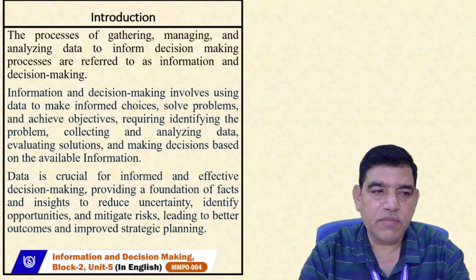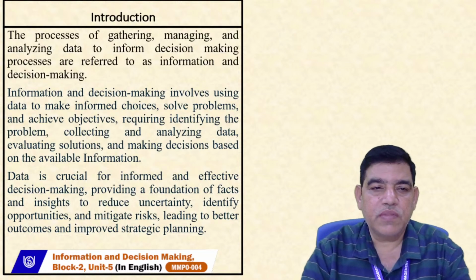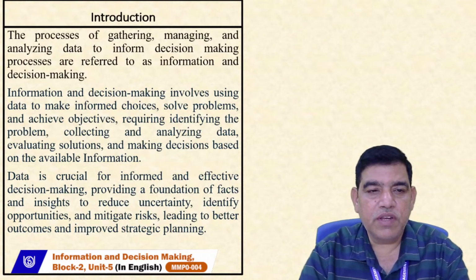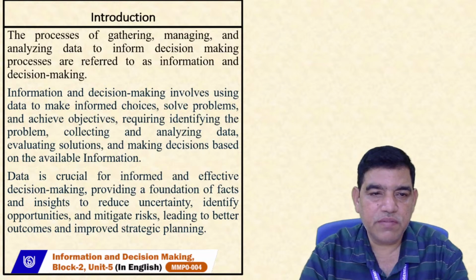So, information and decision making are important concepts in an organization. Information decision making involves using data to make informed choices, solve problems, and achieve objectives. It requires identifying the problems, collecting and analyzing data, evaluating solutions, and making decisions based on the available information. So what happens is, we retrieve the data stored in our computer as and when it is required for analysis.